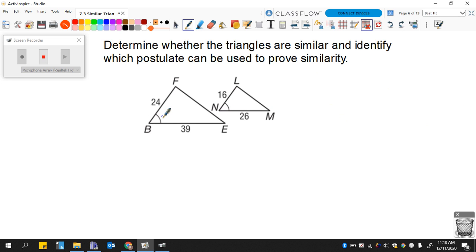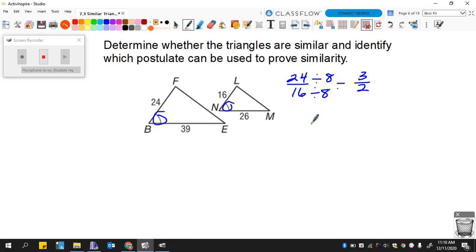Well, what about this one? Once again, the angles are the same. We're going to do the ratio 24 to 16. 8 goes into both of those, so we reduce it by 8. So that's 3 over 2.